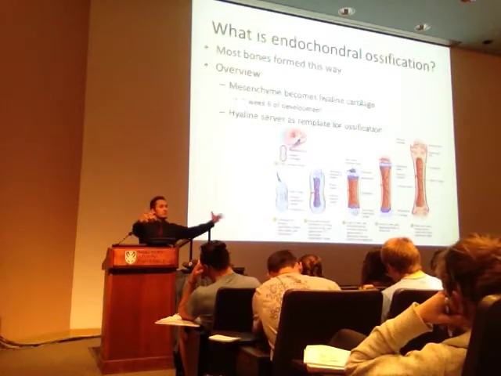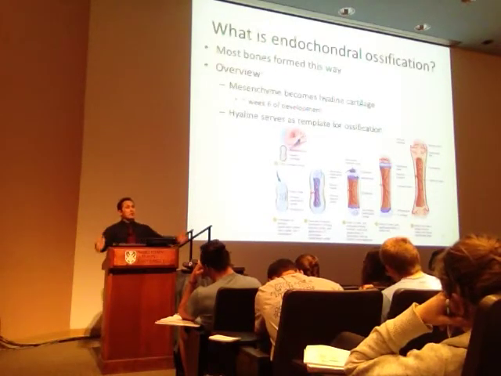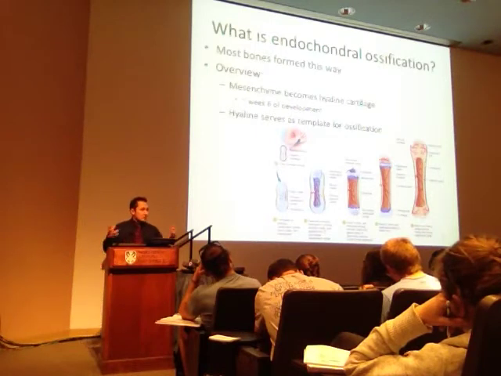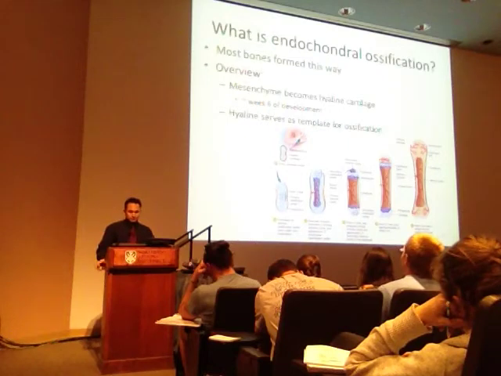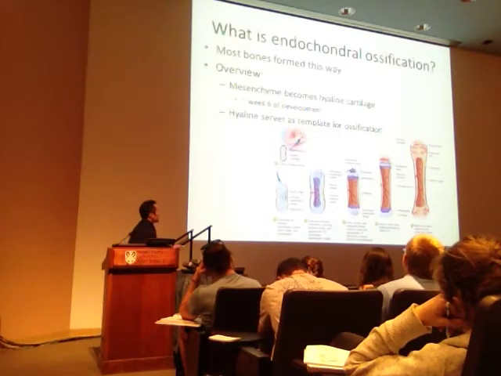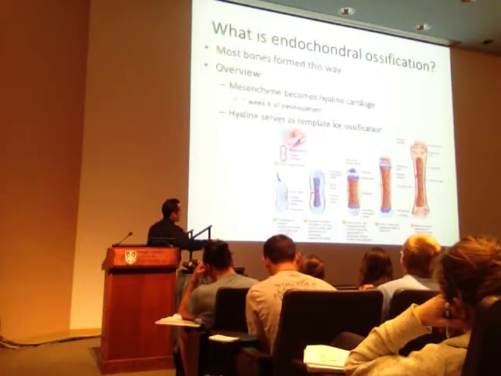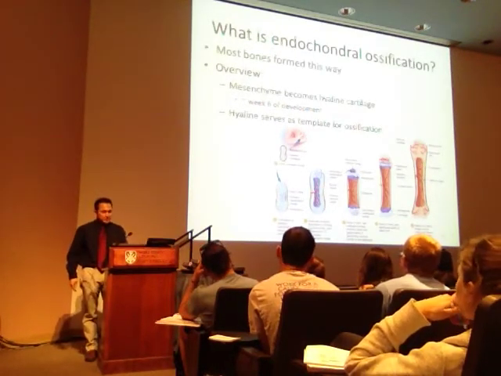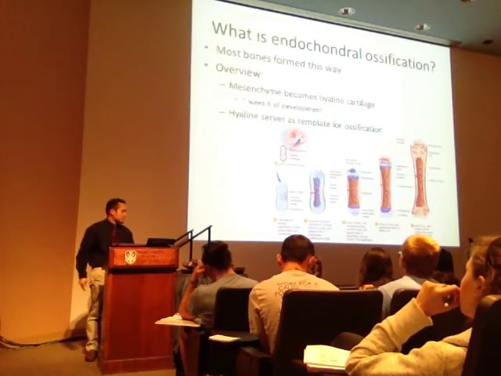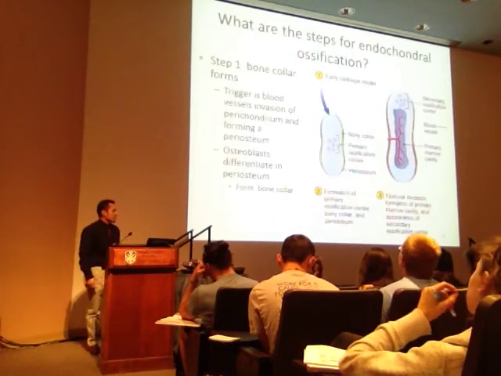So the limbs that are forming in the developing embryo at week 6, as early as week 6, are cartilaginous in makeup. The hyaline serves as a template and then you ossify it as you move through these 6 different stages of ossification. So let's look at them one at a time. Step 1.